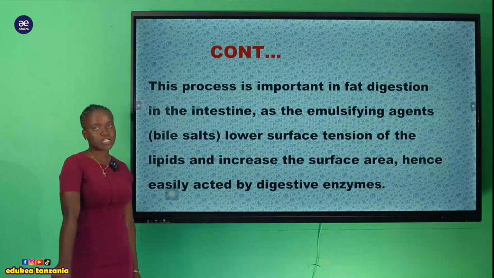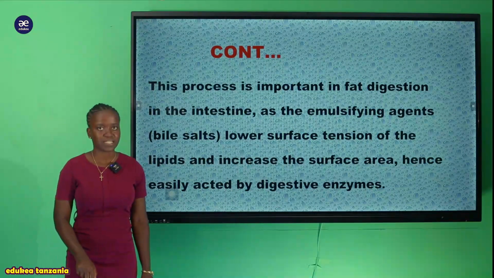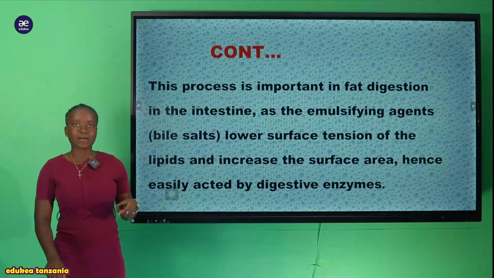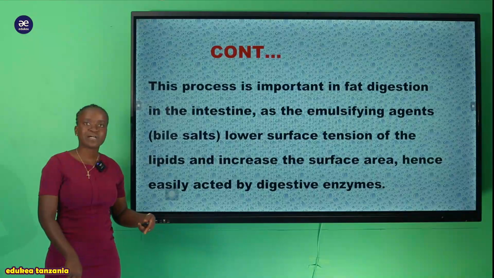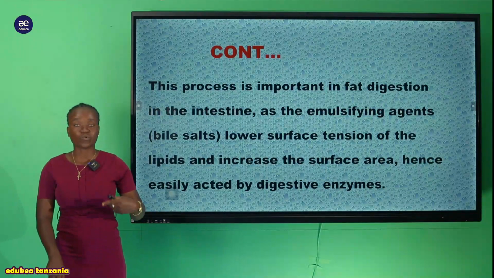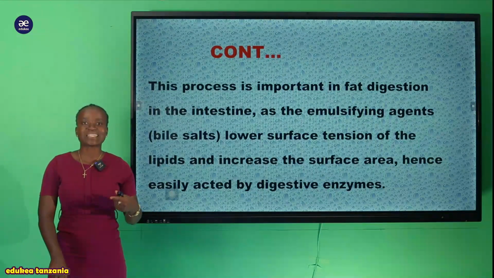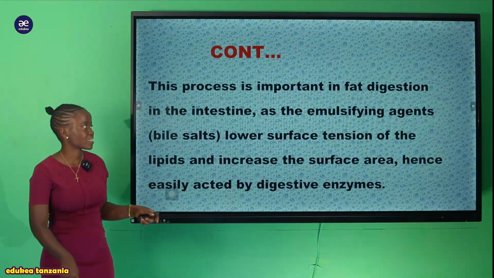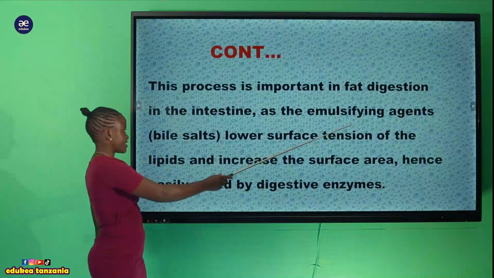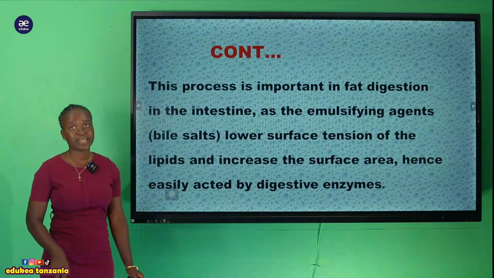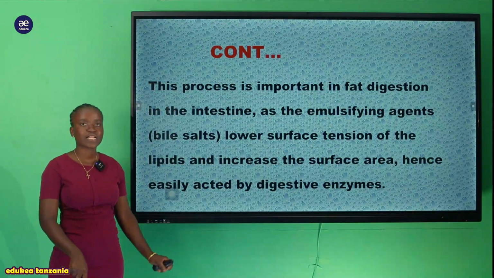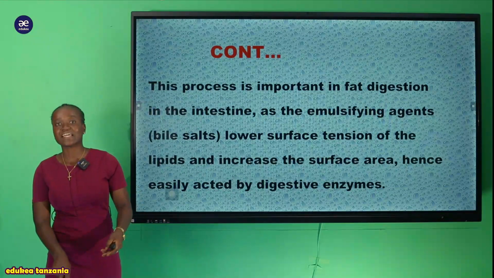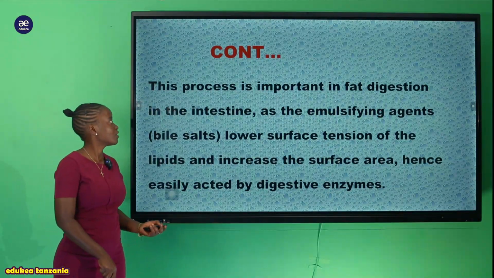So this emulsification is used in the digestion of lipid: when you are able to emulsify the lipid, the digestive enzymes involved in digesting the lipid will digest it very easily. Since within the digestive system we have the emulsifying agent we have seen called bile salt, and while we were looking at the emulsifying process, we saw that it is an emulsifying agent.